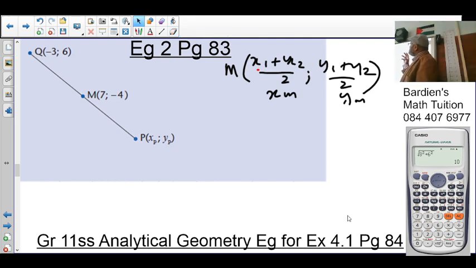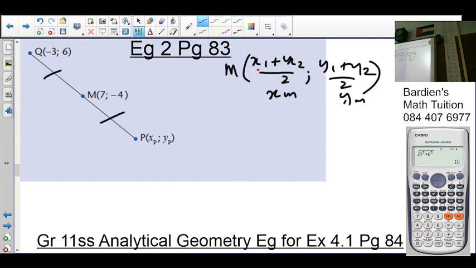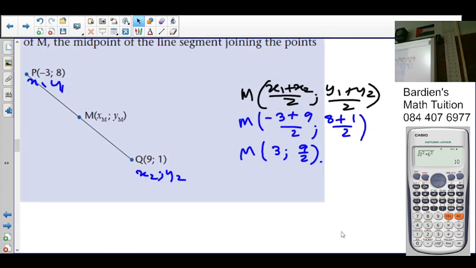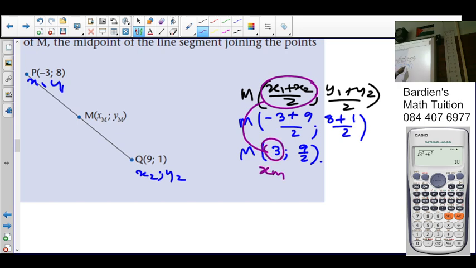Okay, so because it told us this is the midpoint, we must use the midpoint formula. Not so? Are you with us then? They gave us the coordinates of M, which is the midpoint. Now in the previous sum, when we used the formula, we ended off with the x midpoint, and we ended off with the y midpoint.